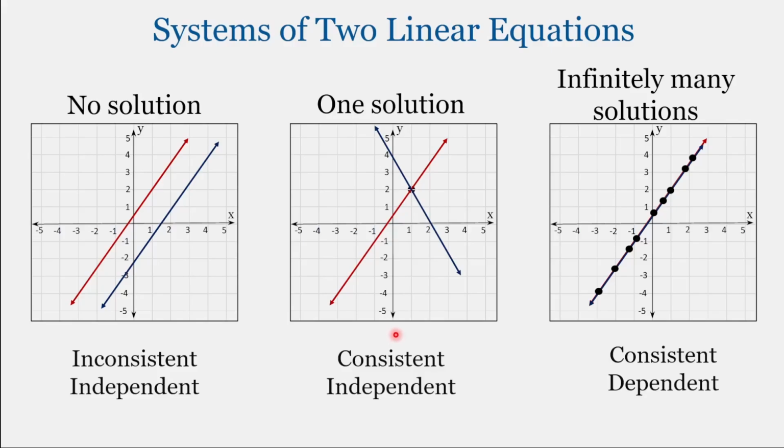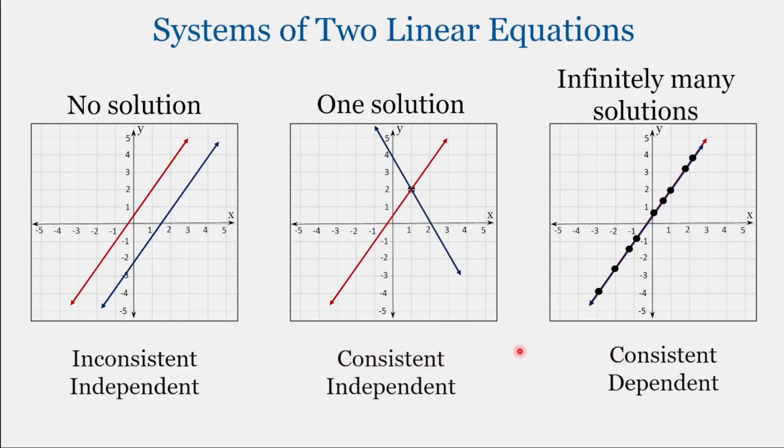So we can summarize these terms. If the system has a solution, which we see with the one solution example where the lines cross at one location, or the infinitely many solutions example, where the system represents the same line, well, that is consistent.